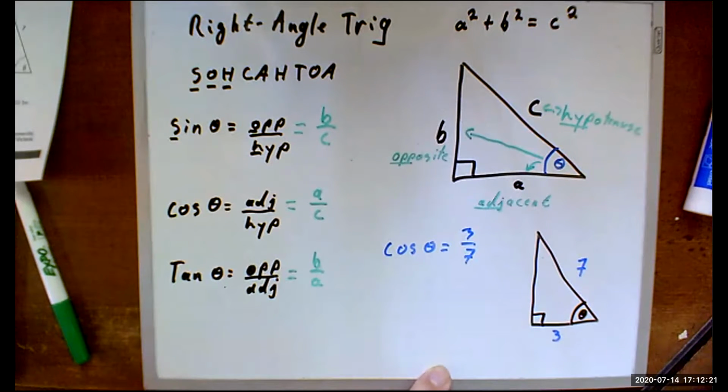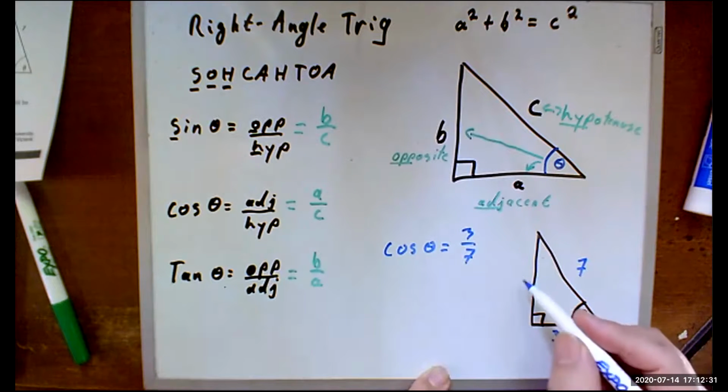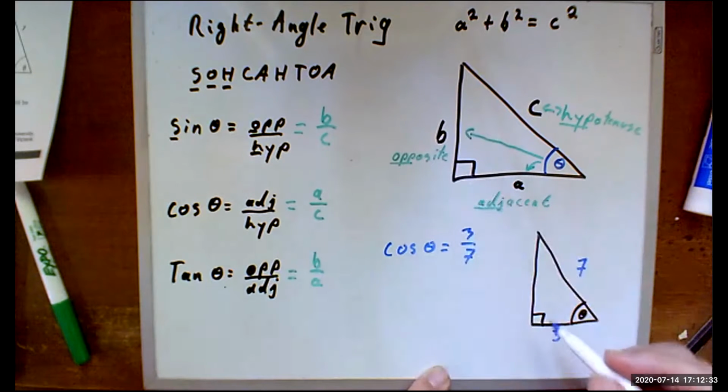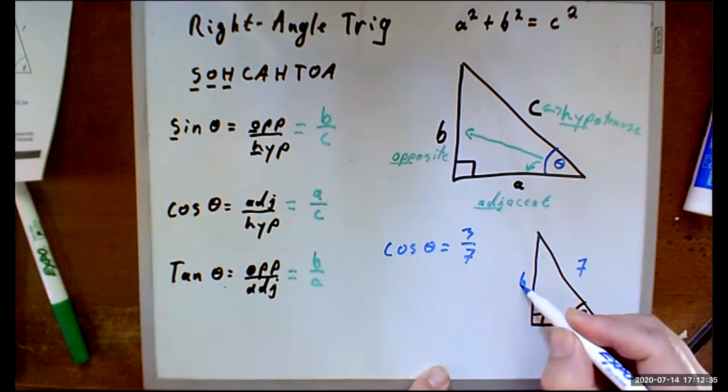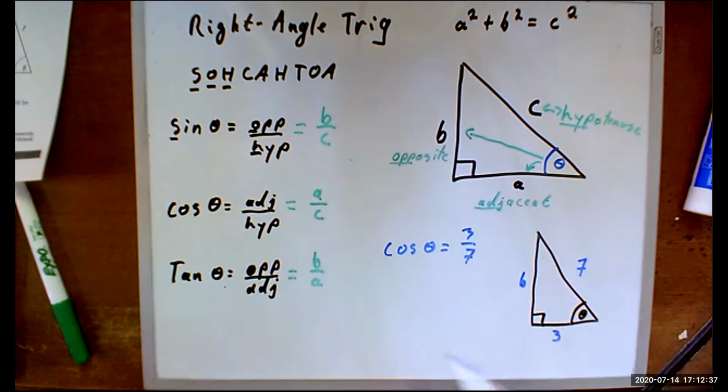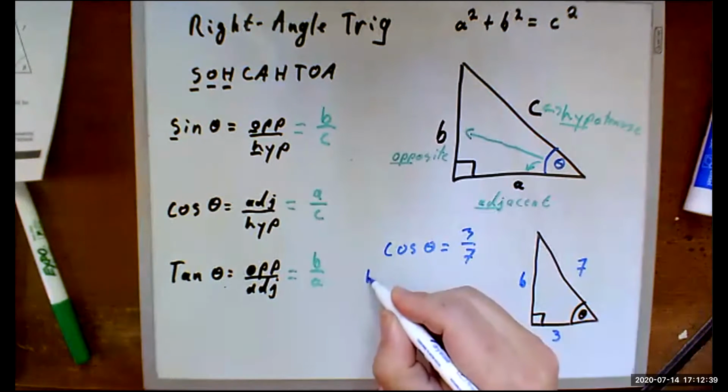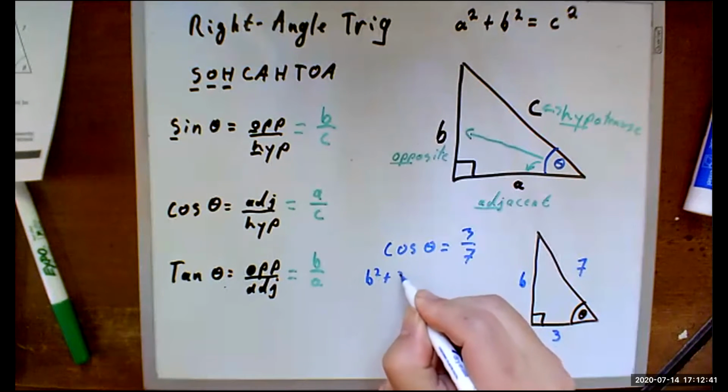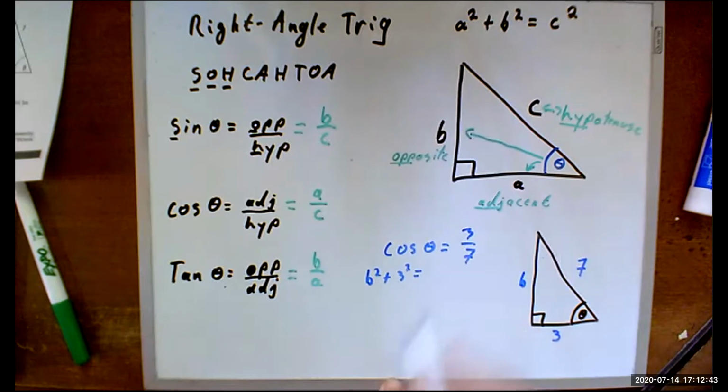Now that I've got that, I can go ahead and use our Pythagorean theorem to figure out what my third side is going to be, which I'm going to label just for consistency's sake. I'm going to call it B. So I know now that B squared plus 3 squared must be equal to 7 squared.